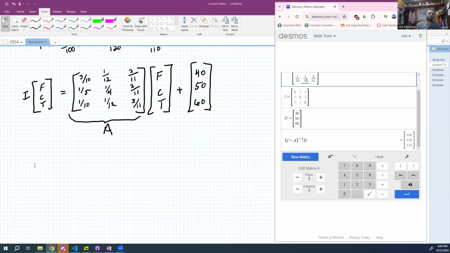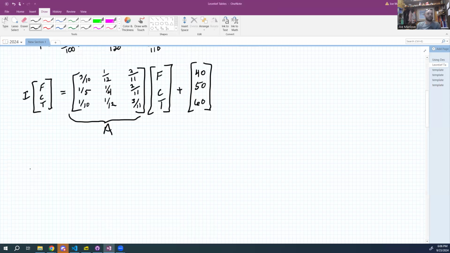So rearranging my equation here, I took I times FCT and subtracted A times FCT from both sides. This is equal to my demand vector, D. And then I factored an FCT out.